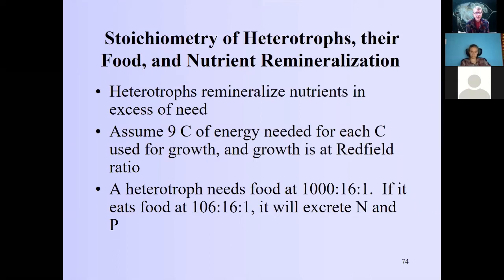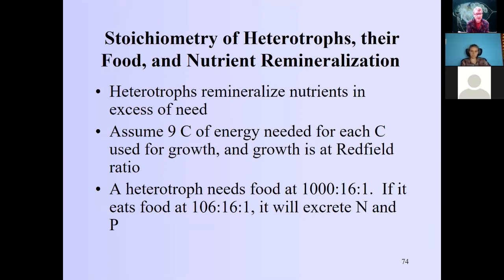So the next thing is moving to stoichiometry. We talked about nutrients, how we can harvest algal cells, and if they're not at balanced growth, we can see what nutrient is limiting. But we can also think about how the stoichiometry of the things that eat the organic material that the primary producers create changes what they excrete and what becomes available.